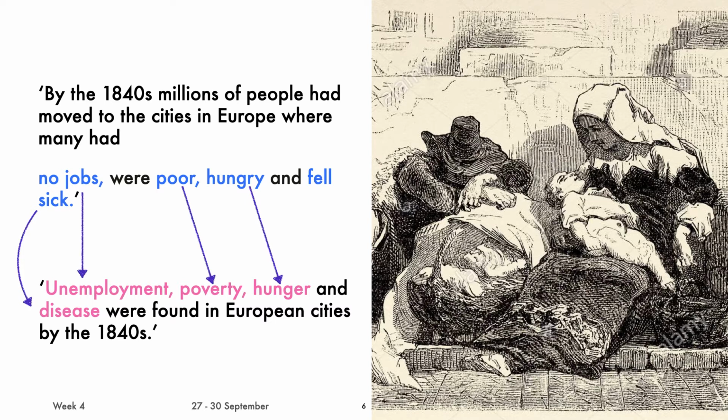In this case, as you can find, the focus of the sentence has shifted from European people, like humans, to the phenomena, like how people were unemployed, how poor the people were, how hungry the people were, and how sick they felt. So we turn the adjectives into nouns in this case.